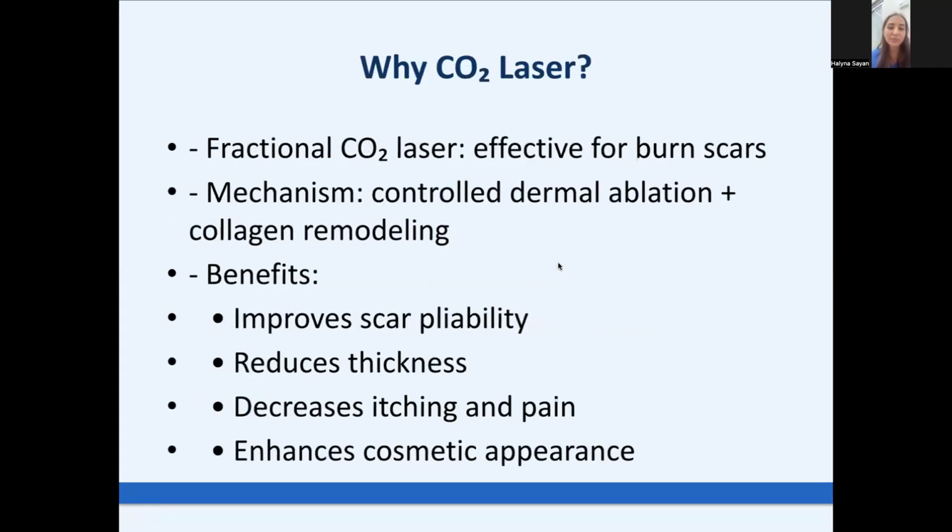The fractional CO₂ laser is effective for burn scars. Sometimes when we have small scars with some contraction, we can do surgery. But when we have a big area of scars, CO₂ laser is easy. We have a lot of procedures, every 2 months, but it works.